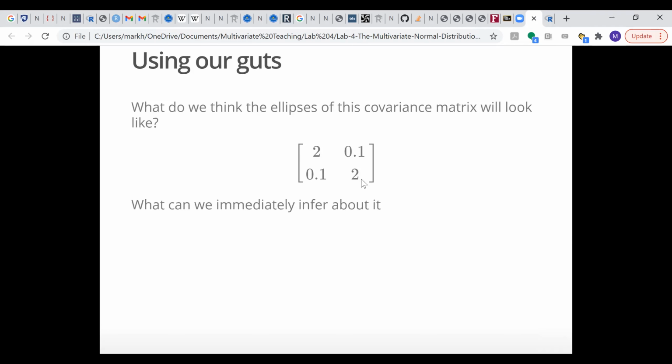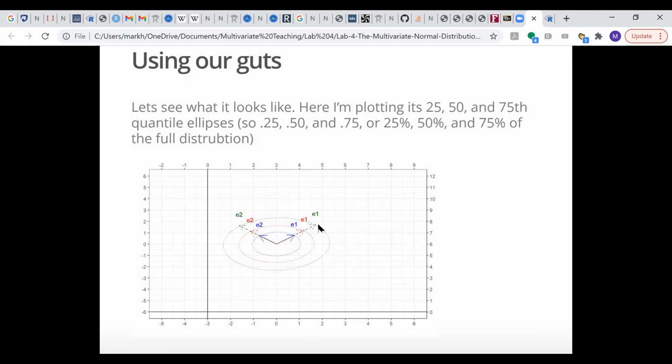So here we have the variances are 2, the covariances are 0.1, so very small covariance, not quite 0. It just makes it a little bit easier to see how the shape changes with this. So here I plot the ellipses with the 25, 50, and 75th quantiles.